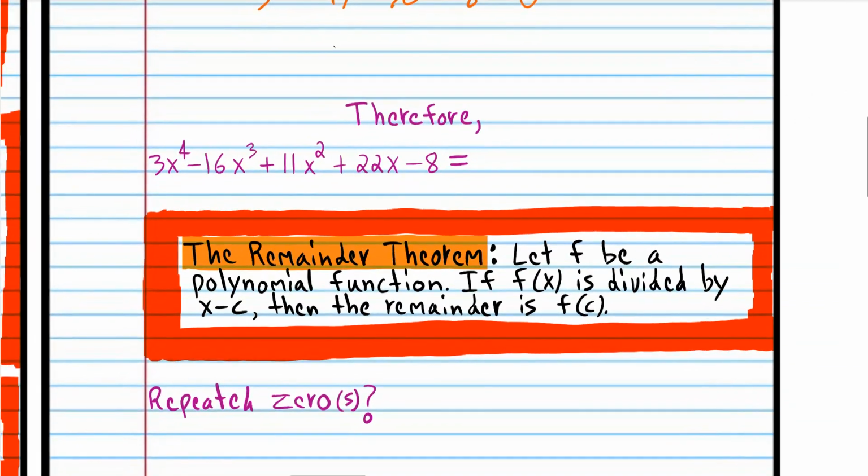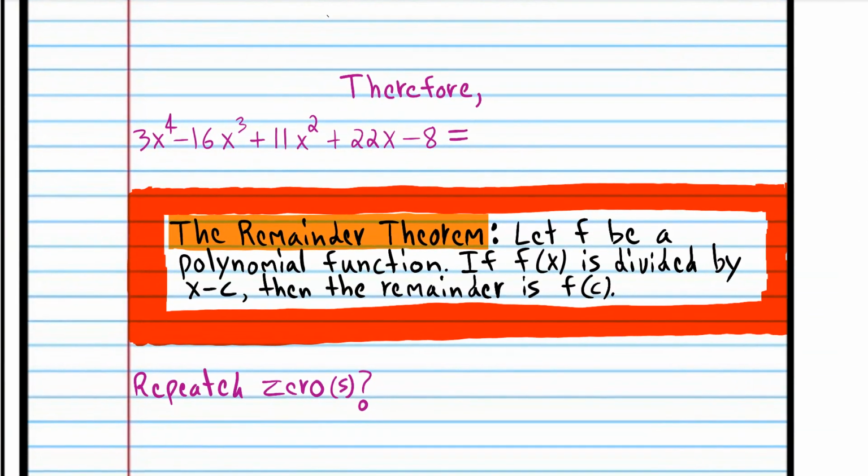Now we have an important theorem called the Remainder Theorem that says that we're going to let f be a polynomial function. And if f of x is divided by x minus c, in our case x minus -1, then the remainder is f of c, in our case f of -1.